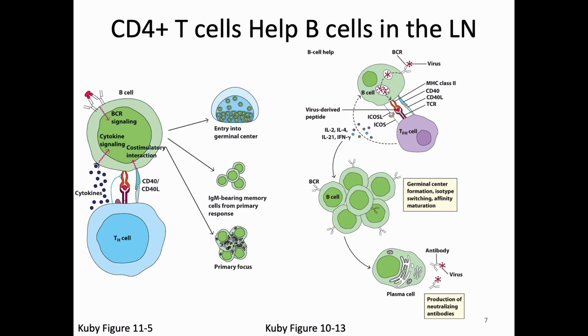When we talked about T cell activation, we talked about this idea that T cells could get 3 signals. There was a signal 1, a signal 2, and a signal 3 for the T cells. What were the 3 signals for the T cells?